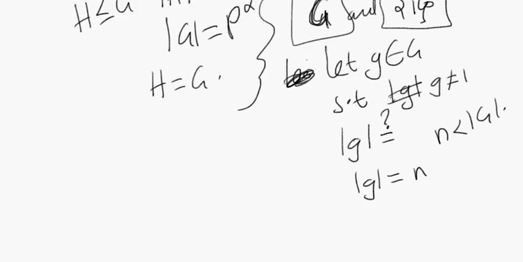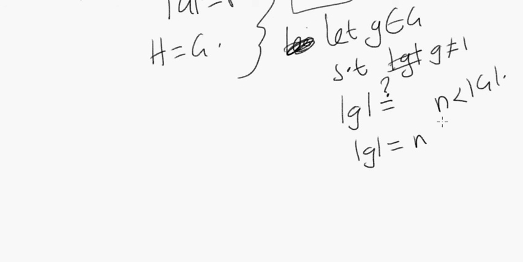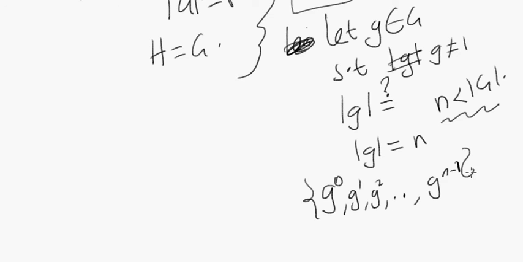Well, suppose that for some n less than the order of G, the order of g was actually equal to n. Wouldn't g to the 0, g to the 1, g to the 2, all the way up to g to the n minus 1, wouldn't this cyclic group here, let's call it M, end up being a subgroup of G?